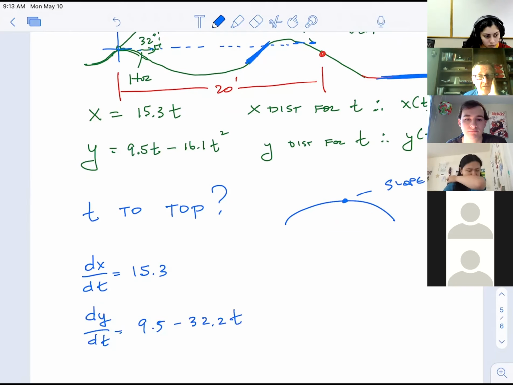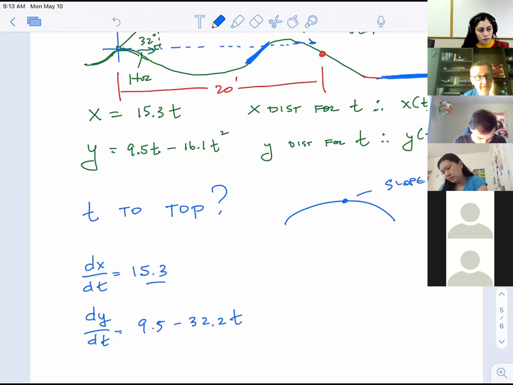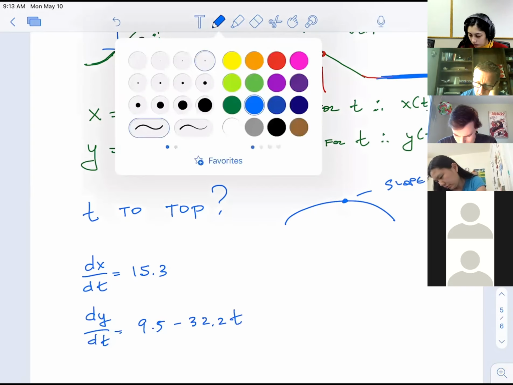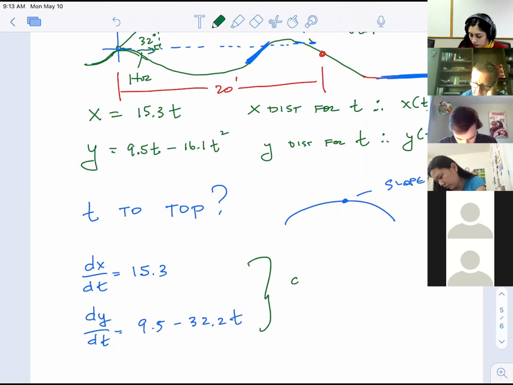The change of x over time is a velocity. 15.3 is our velocity, right? Isn't that your horizontal velocity? And your vertical velocity, dy/dt, is 9.5 minus gravity times t. These are classic physics equations, and it's calculus that gives us those. And so now I can put these two together to get dy/dx. Notice you have to put the correct one on top.